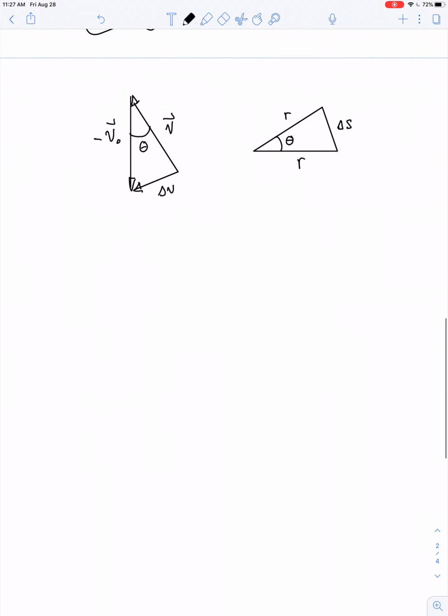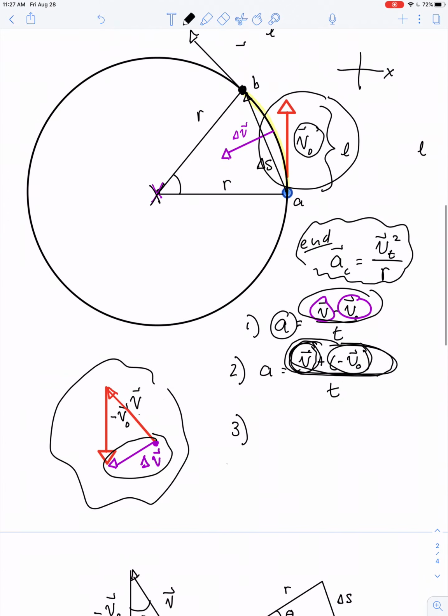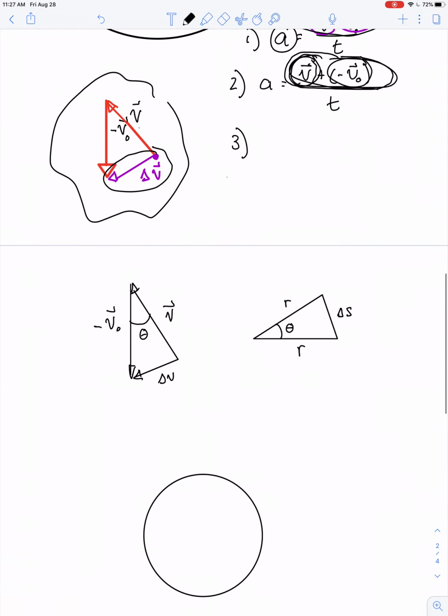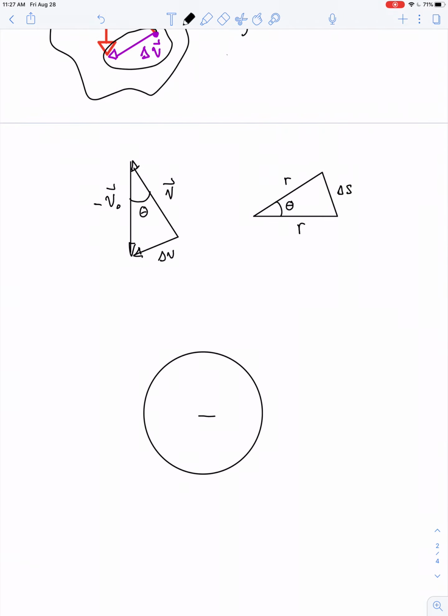One way to think about it is, what if we imagined the same case, but instead of allowing this much time to elapse so that the object moves this far around the path from A to B, we consider just a smaller amount of time?